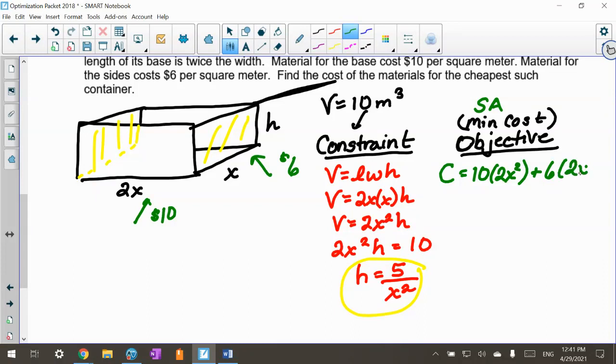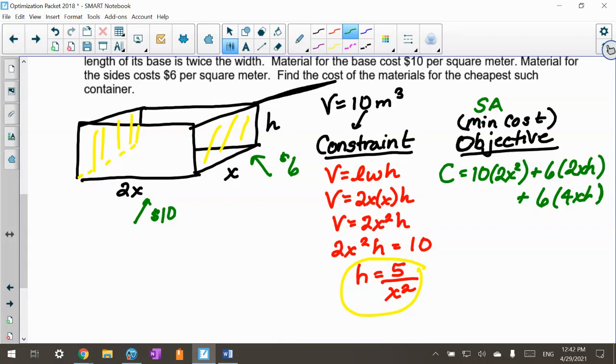So I'm going to say $6 times 2xh. Then I've got to do the other sides, plus $6. The front and the back are 2x times h, so it's going to be $6 times 4xh. So that's my cost equation. I'm kind of squished over here, but that's basically what it is.